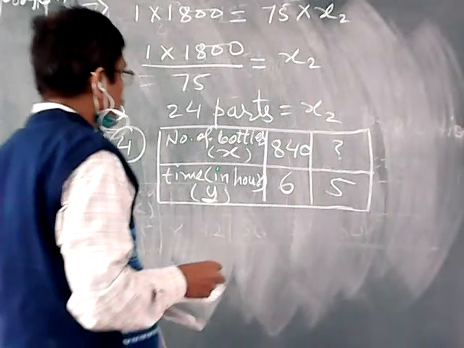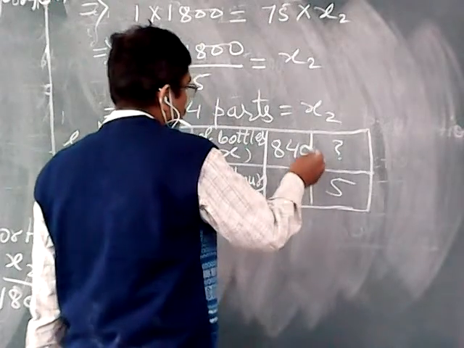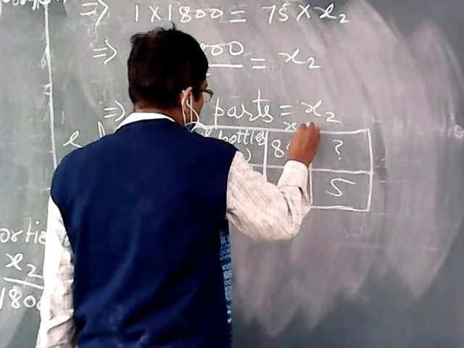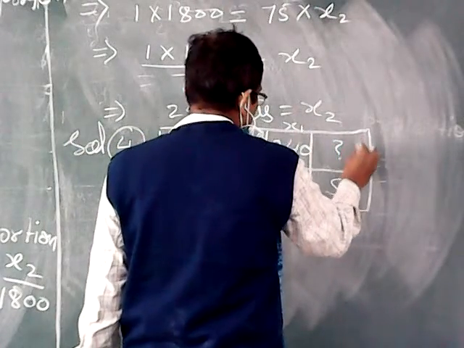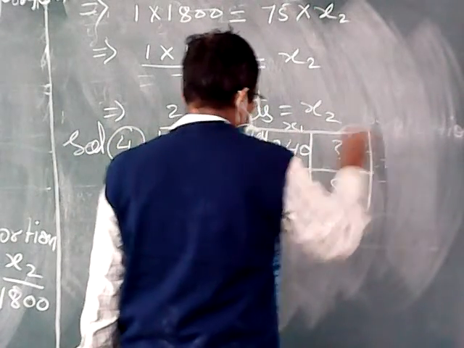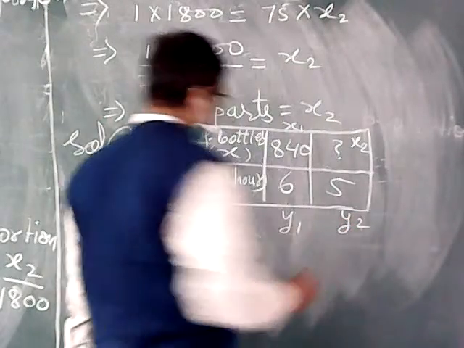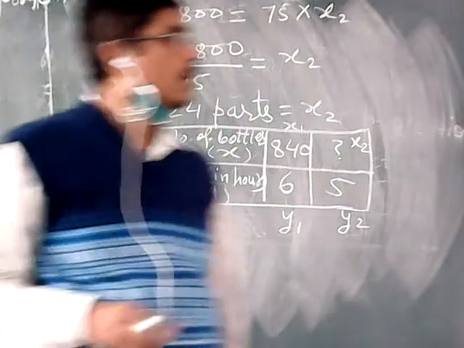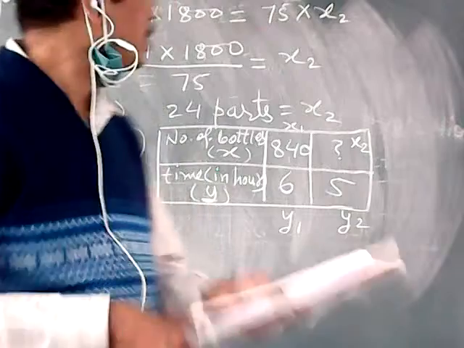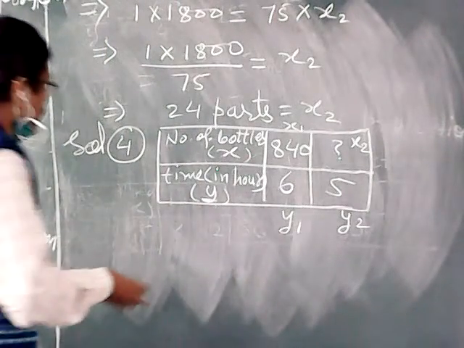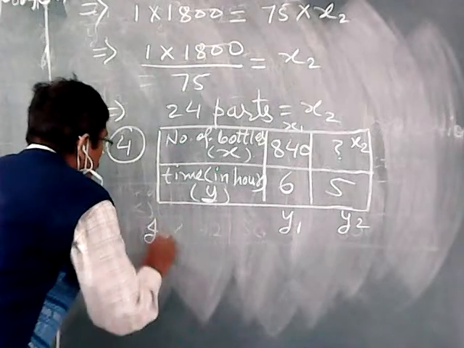So of course, this is x1, x2, this is y1, this is y2. Now from the statement we can see it is in direct proportion. So the same formula will be used.